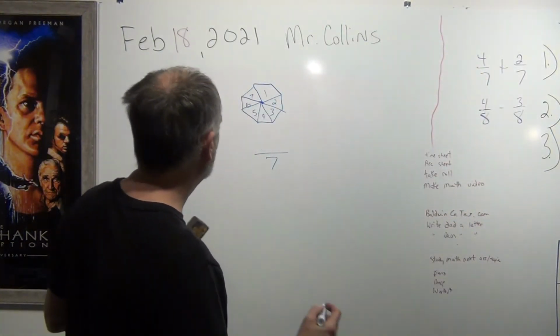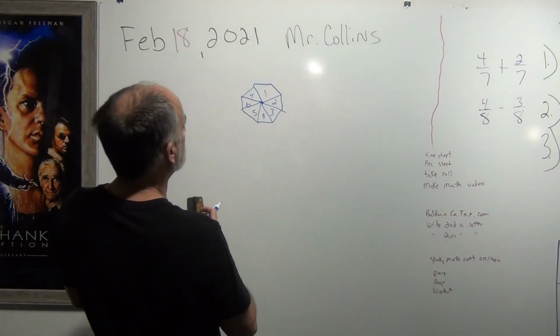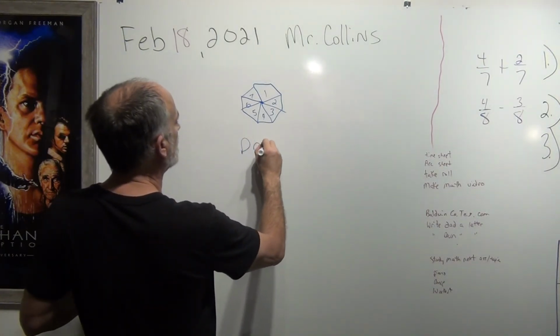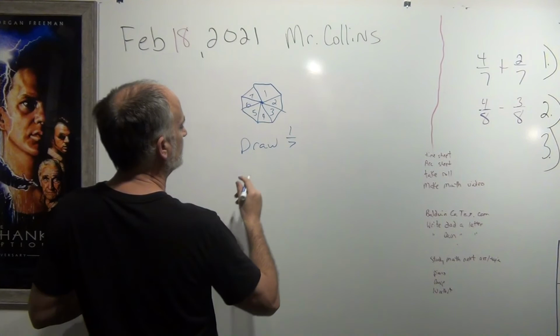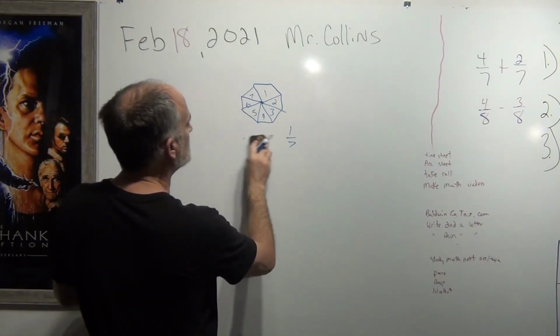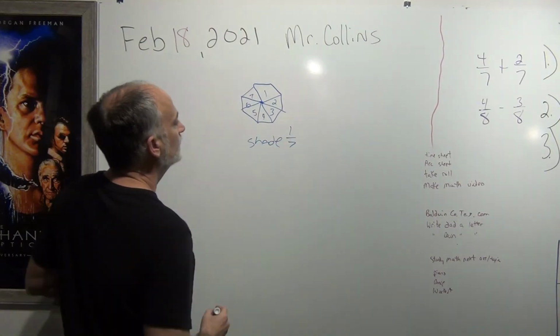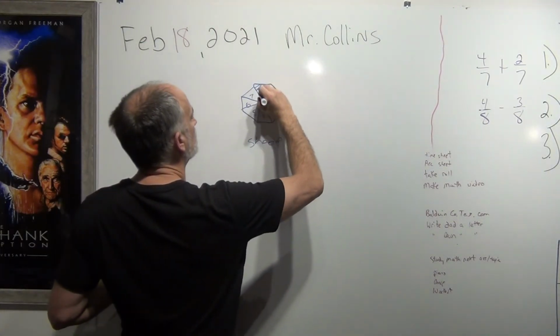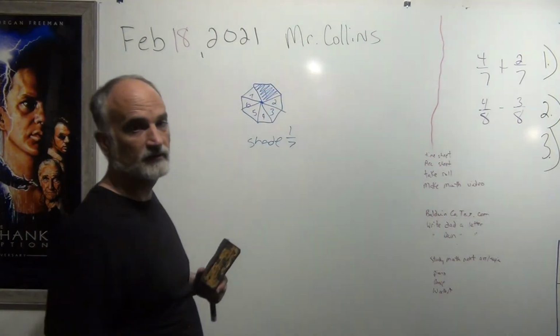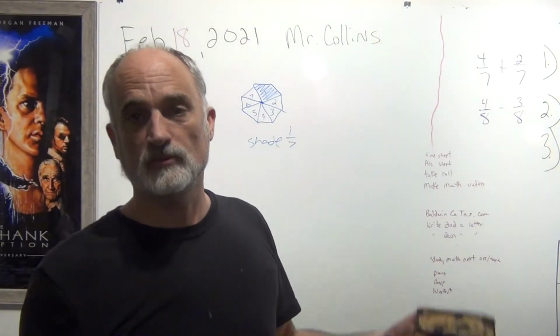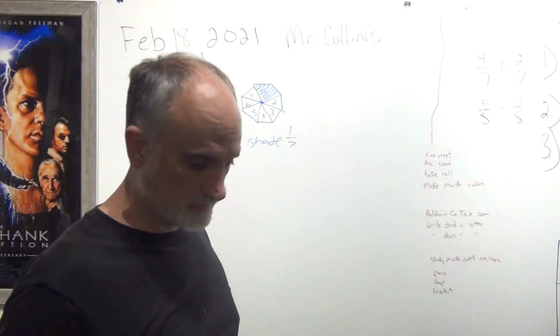Okay, so what if the GED said draw 1/7, or they said shade 1/7? Well, you're just going to shade one of those, right? Because 1 is the piece we're talking about. That's on the numerator, okay?